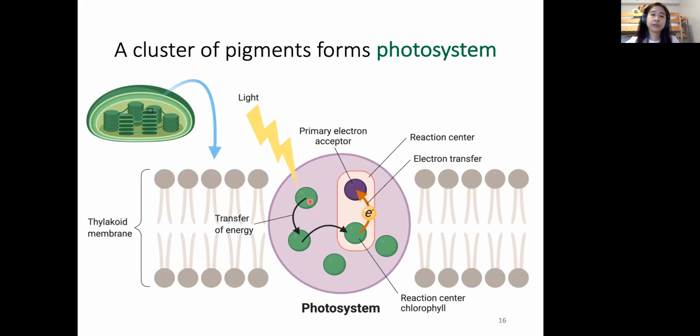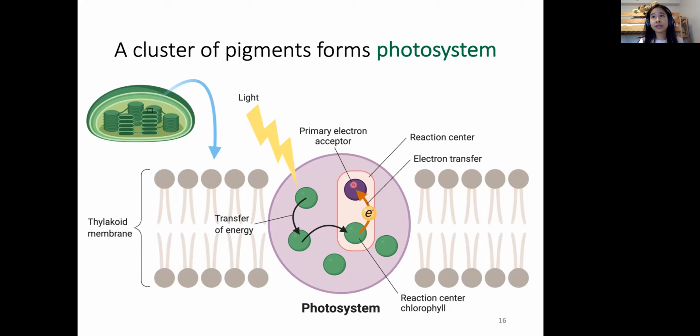If this molecule does not have enough energy to do photosynthesis, it will transfer that energy to another molecule. Once a molecule gets enough energy, it will transfer that energy to a chlorophyll that stays in what we call the reaction center.